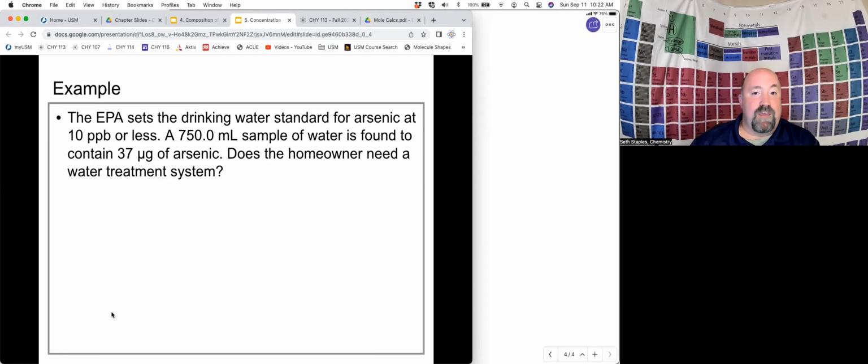And so ultimately, in some of these cases, we might need to know, does the homeowner need some sort of water treatment system to take care of the arsenic in there so their water is safe to drink? And so we need to take this information, 37 micrograms in 750 milliliters, and convert that over to parts per billion.